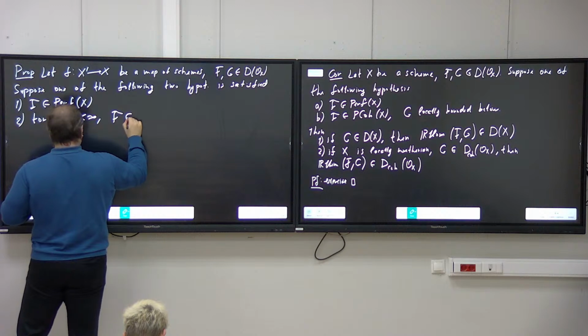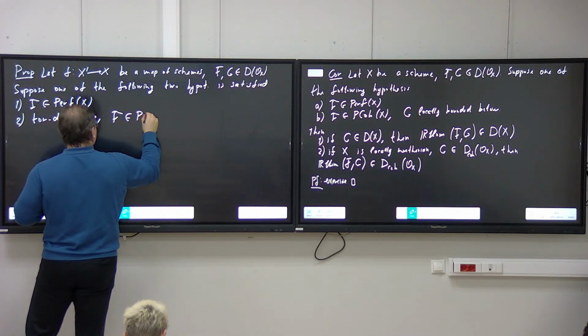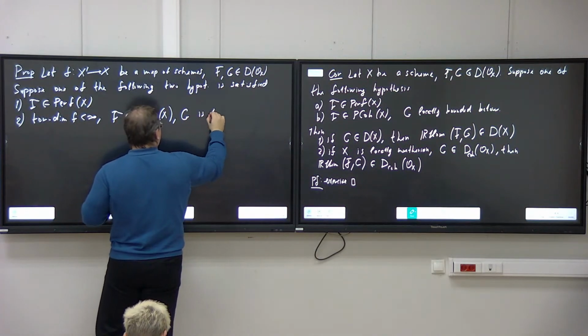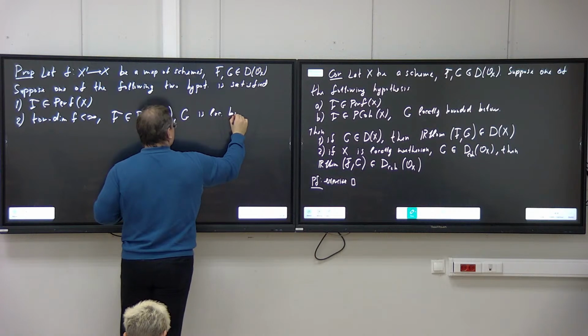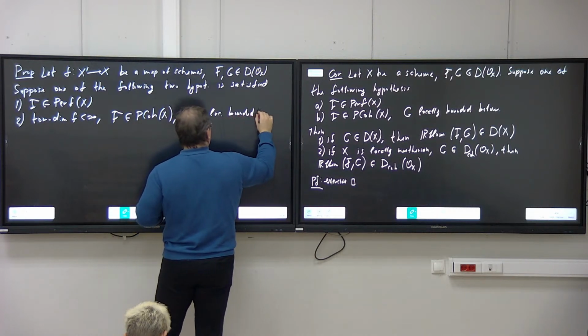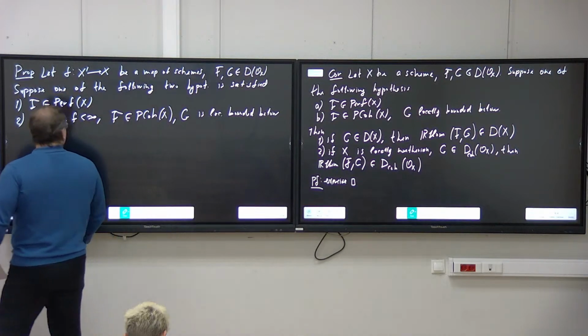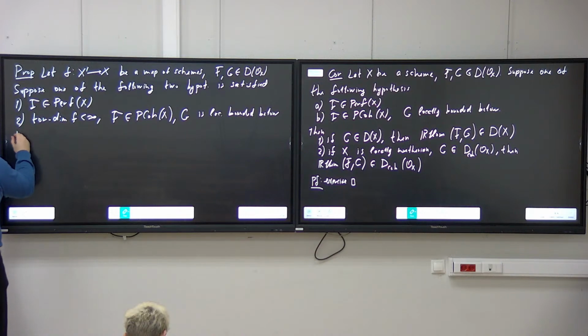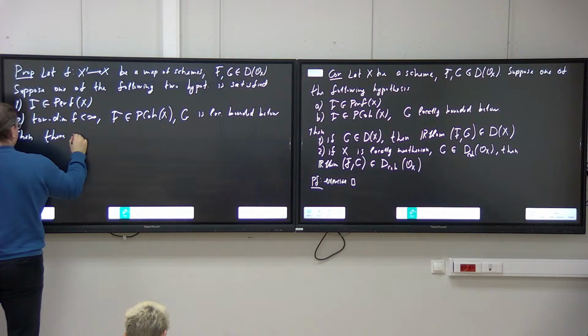F is pseudo-coherent, and G is locally bounded below. Very much as before. Then there is an isomorphism.